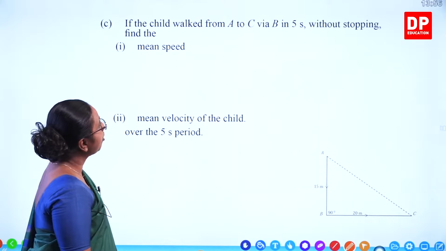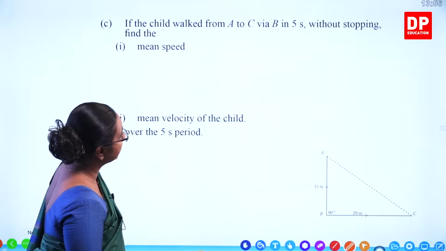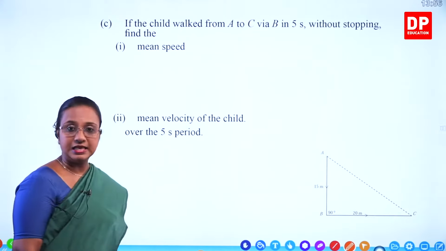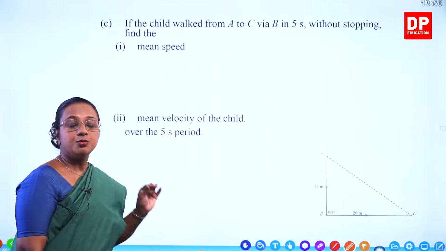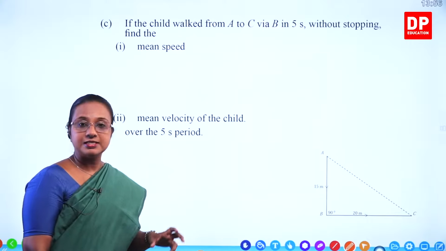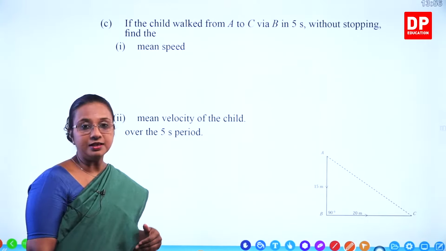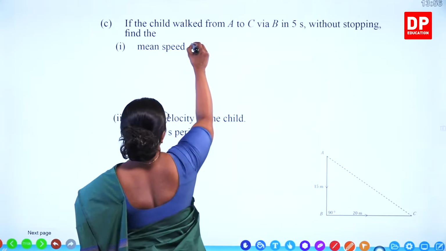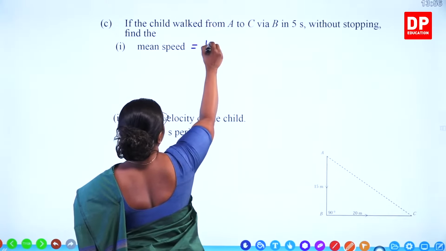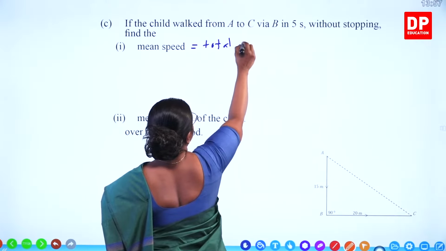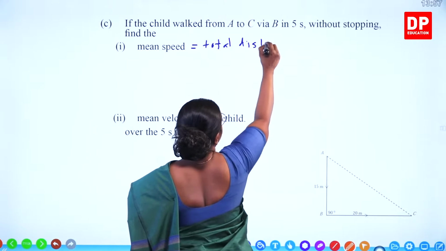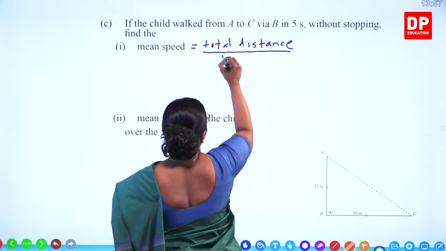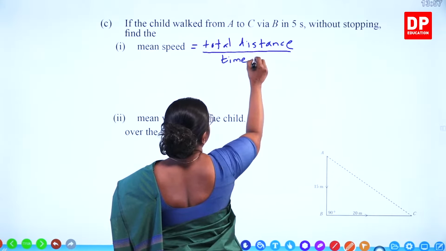If the child walked from A to C via B in 5 seconds without stopping, find the mean speed. So, mean speed is the total distance traversed divided by the total time taken. So, here if we write the equation for mean speed, total distance divided by time duration.